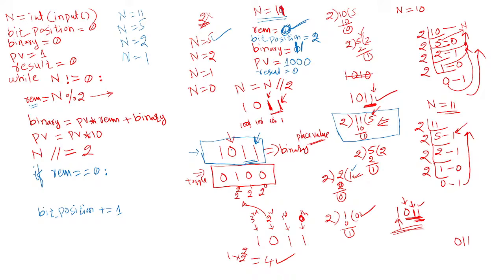So what you need to do, you need to toggle it and multiply with 2 to the power of bit position. So now what I am doing is multiplying with bit position. If I toggle, it becomes 1 here. So 1 multiplied by 2 to the power of bit position.